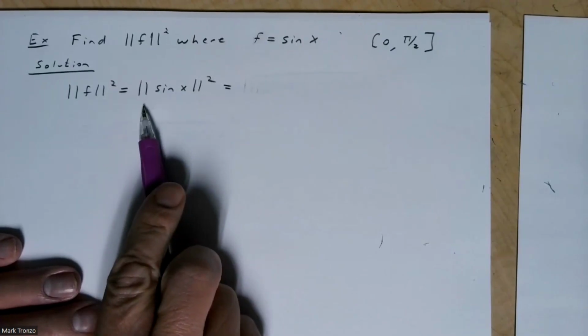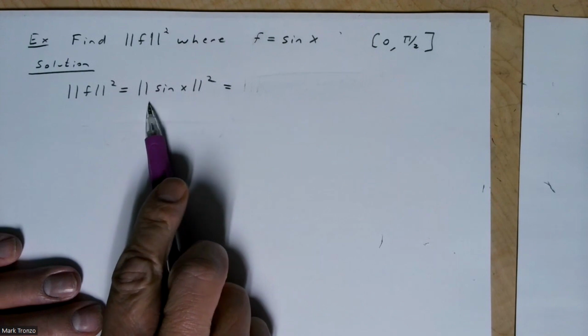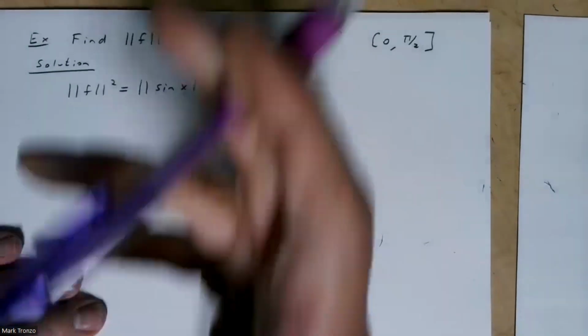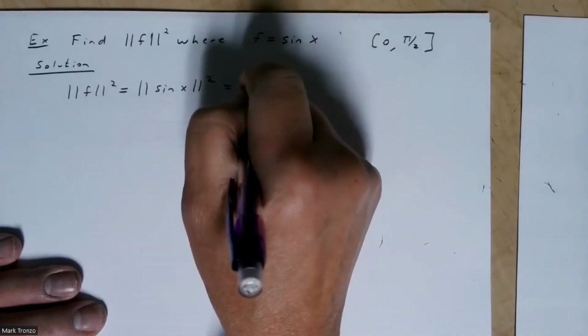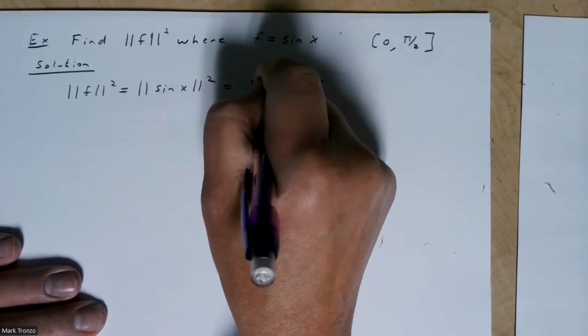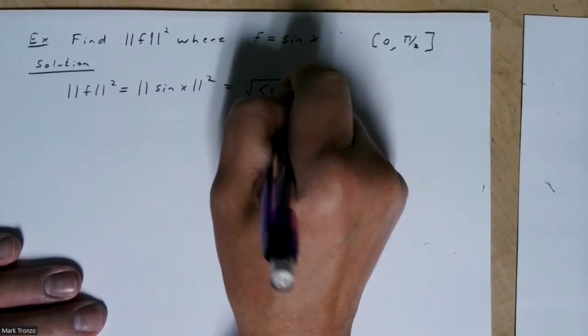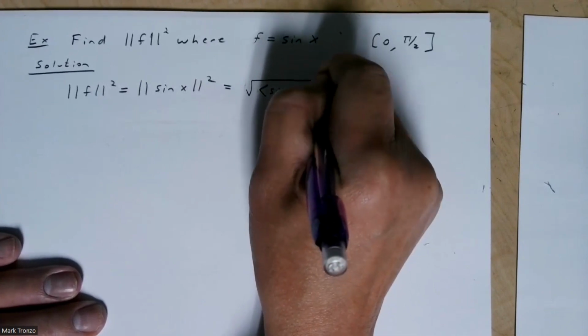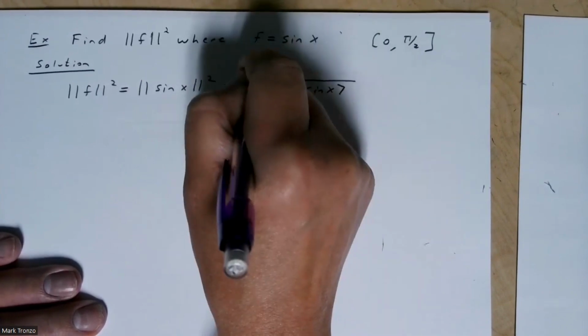Norm of f squared, which is equal to the norm of the sine squared. And remember, by definition, the norm is the square root of the inner product of the function with itself.